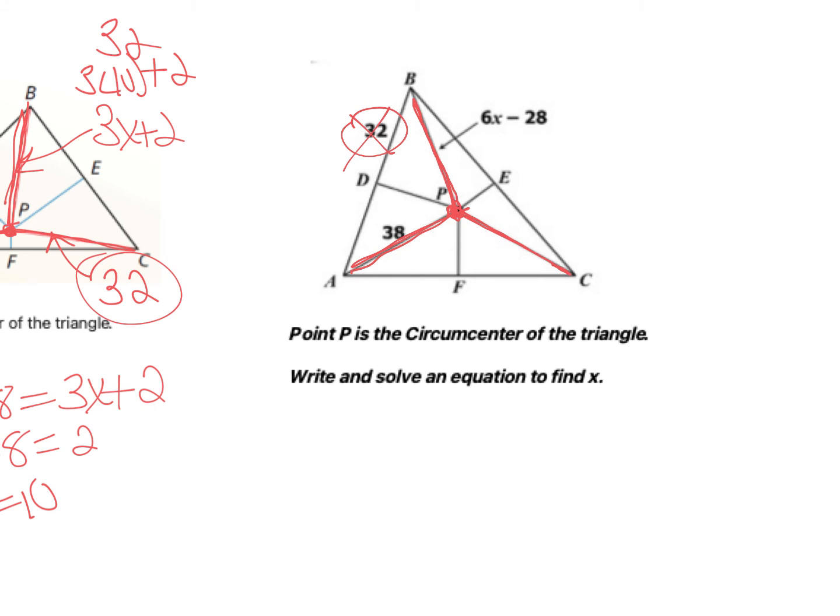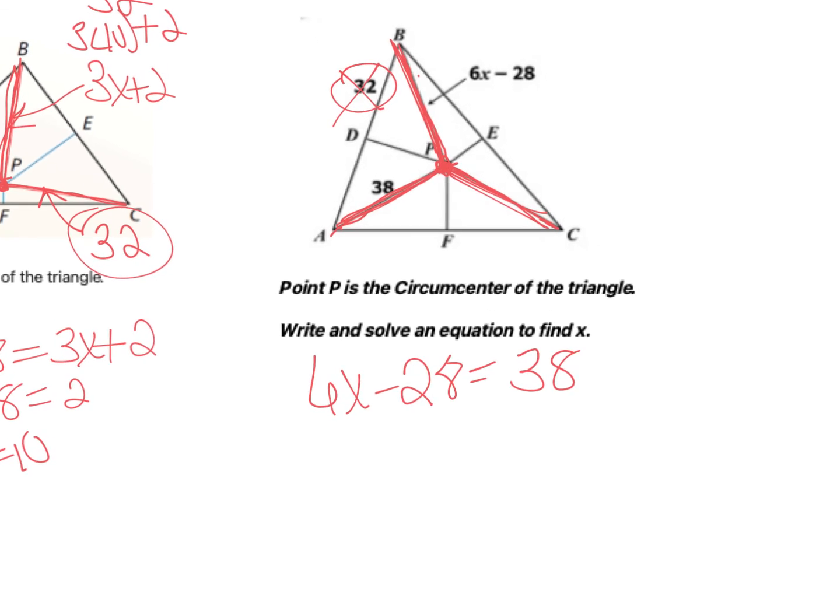We want to focus on what we know about circumcenters, which is that the circumcenter is the same distance to the corners. So if we go from P to any of the corners, it's all going to be the same. So I know that PB, which is 6x minus 28, is going to be the same length as PA, which is 38. It's also going to be the same length as PC, but we'll get to that in just a second.